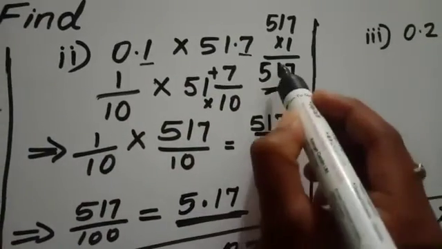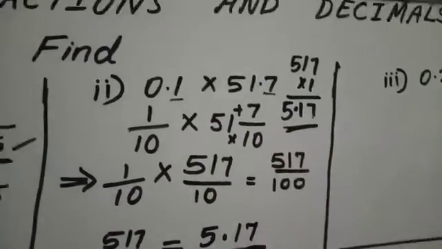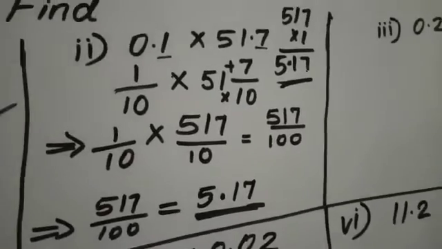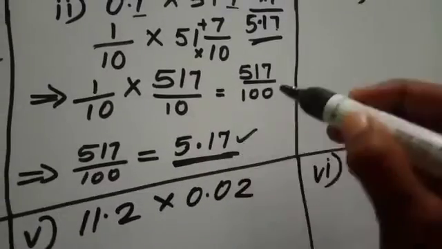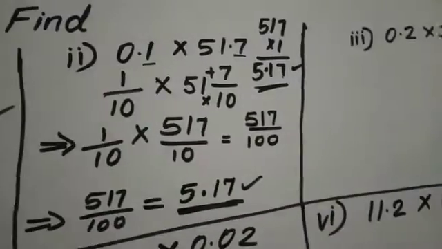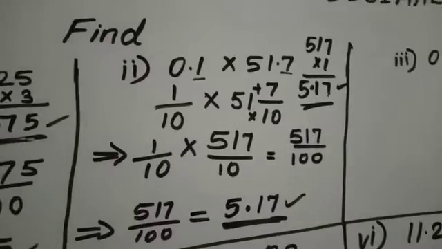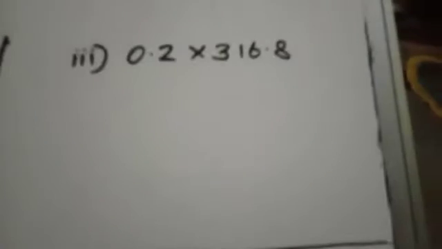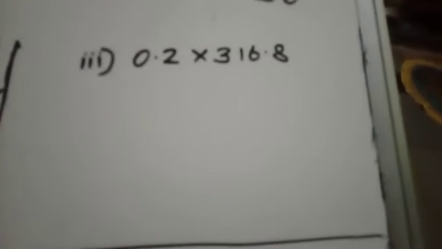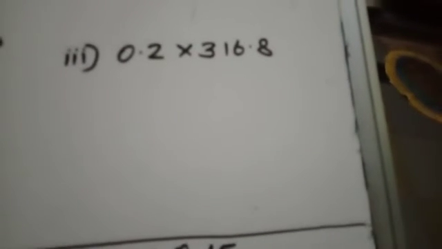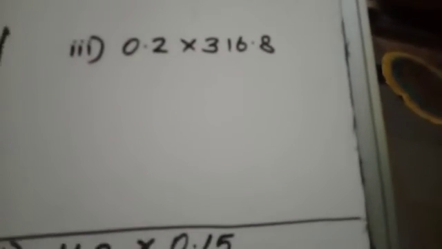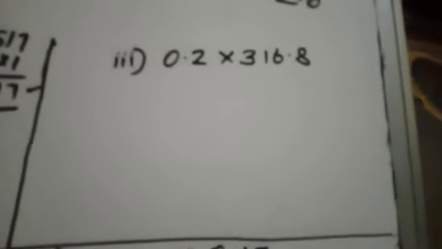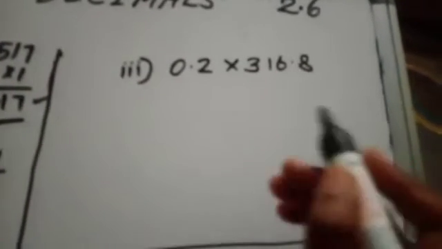So by leaving two places, we have to put the decimal point. So you have got both answers same, that is 5.17. Here also 5.17. As I told you, you have to follow converting into fraction, then you have to find the product, because we are learning fractions and decimals.